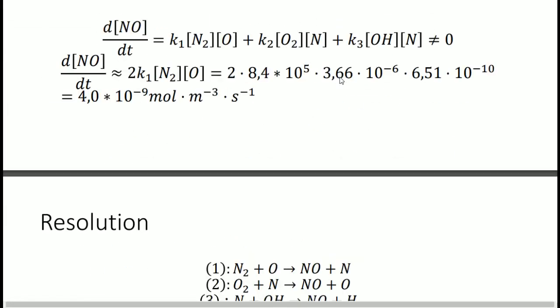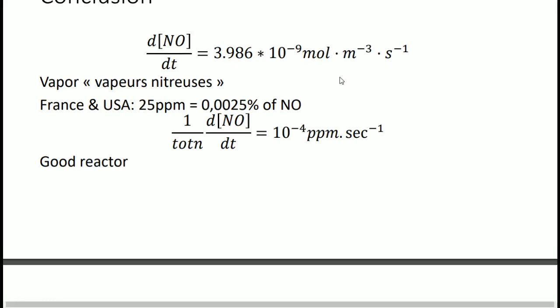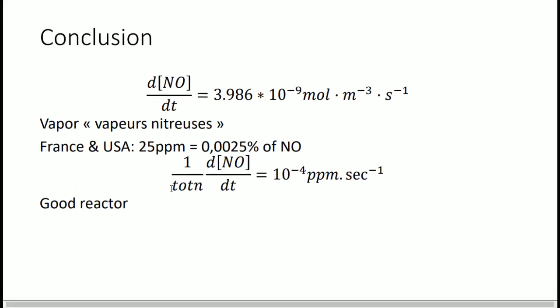So what I do as an approximation is I calculate the total moles in the air, so the total concentration in the air, in order to have an approximation of this.